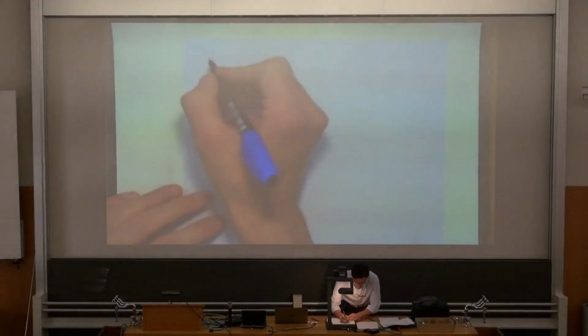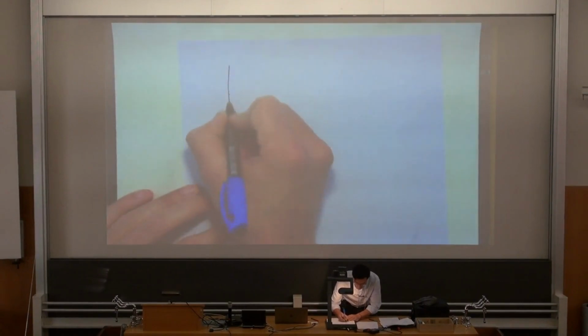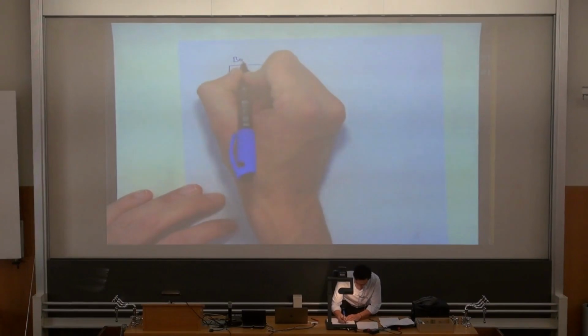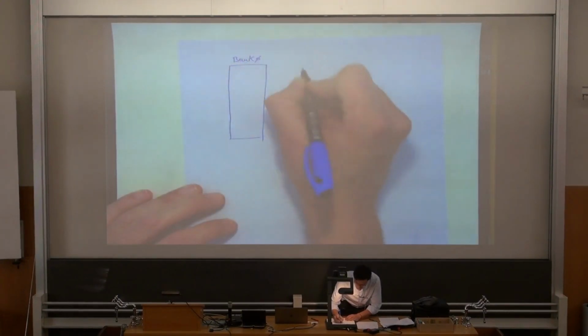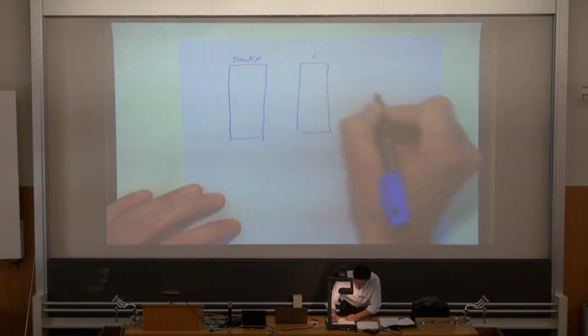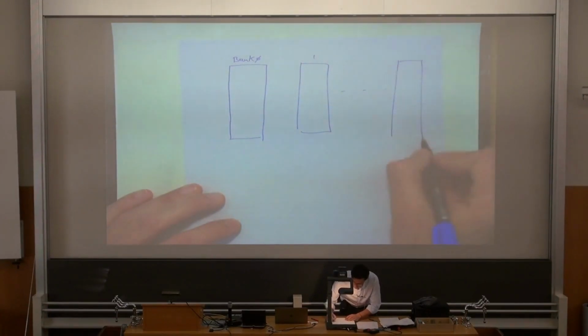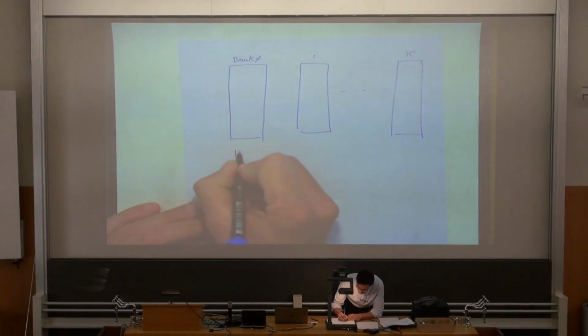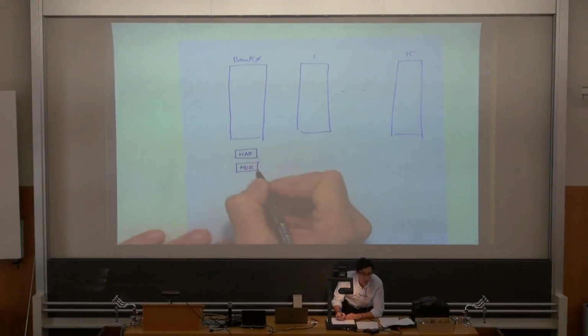So we have our memory banks, right? This is bank 0, and here we have bank 1, and here we have bank 15. In the memory that we are considering, we have one single memory address register and one single memory data register.